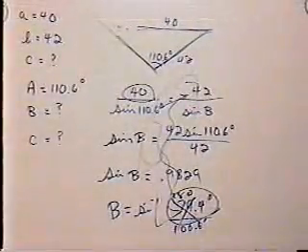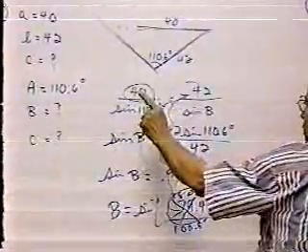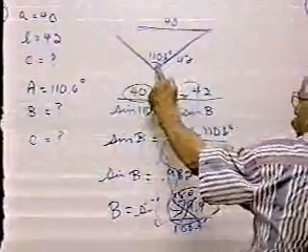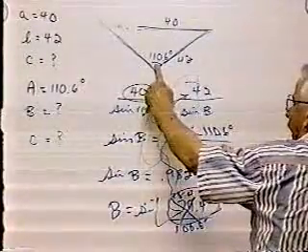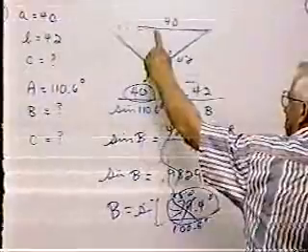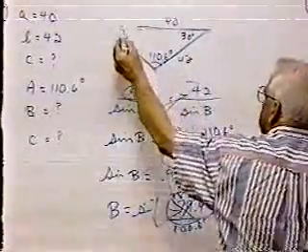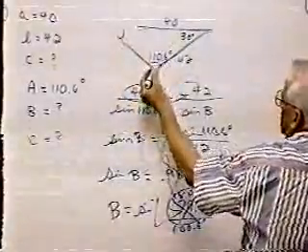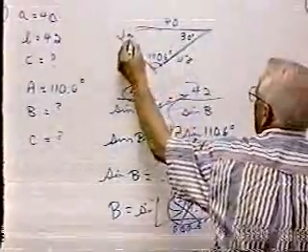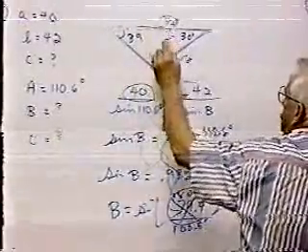Another thing that should tell you right off this won't work is this. I want you to see this and don't ever forget it. The largest angle of a triangle has to have opposite it the largest side of the triangle. In other words, if this is 30 degrees here, and let's say this would be about 41, let's say this is 39. So the side opposite 110 has to be larger.